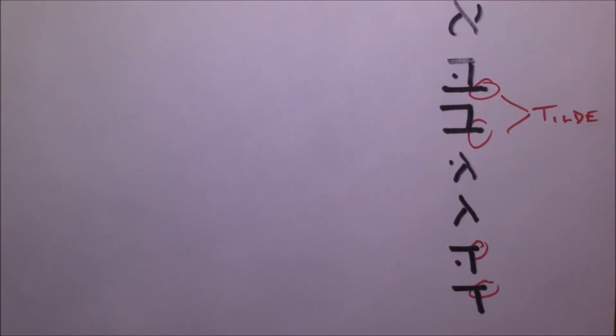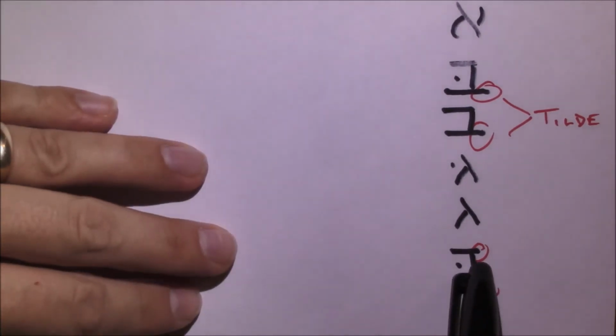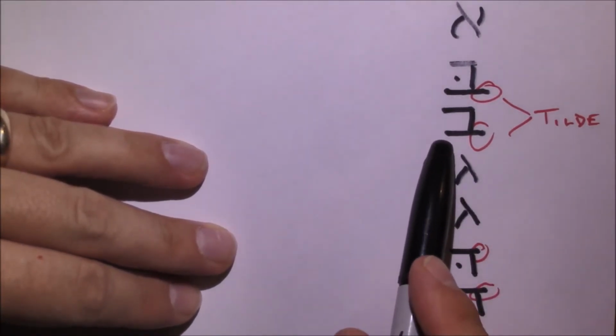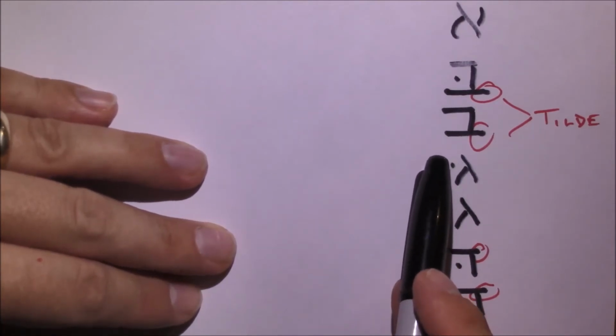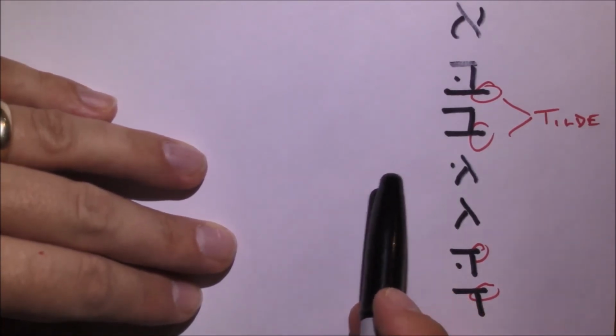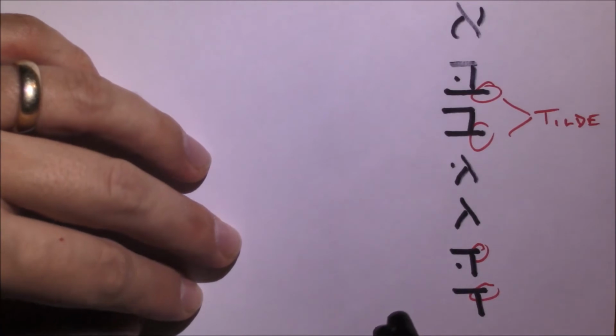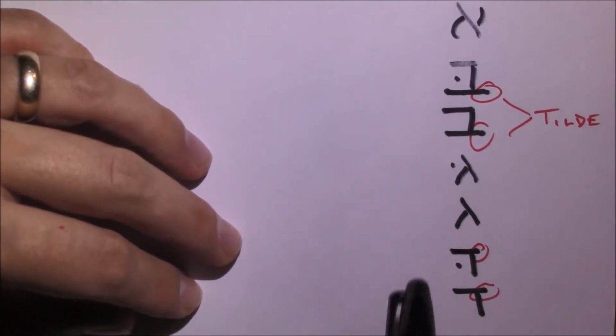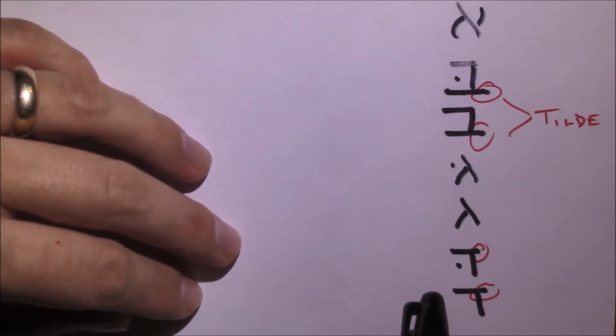These little lines are often the difference between these letters being what they are here and these letters as they might be conceived of later. So if we don't have the tilde on the dalet, we could confuse it for a resh. If we don't have the tilde on a bet, it could conceivably be confused for a kaf, although the kaf is a little bit of a smoother, rounder drawing. And so those tildes are vital when you are writing your Hebrew alphabet.